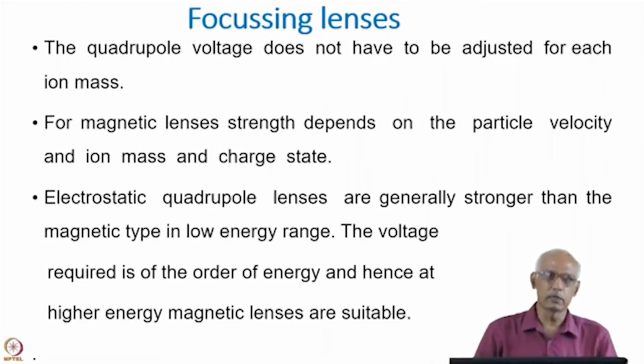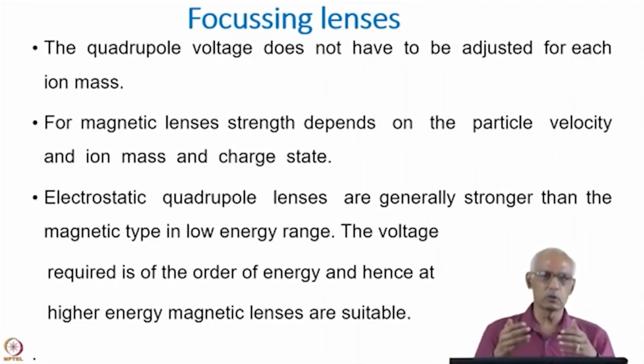However, at low energies, electrostatic quadrupoles are always preferred because they are stronger than the magnetic quadrupoles. And of course, being velocity independent, they are more convenient to use. At high energies, these electrostatic quadrupoles cannot be used because the voltage which is required to focus these beams has to be of the order of the energy.